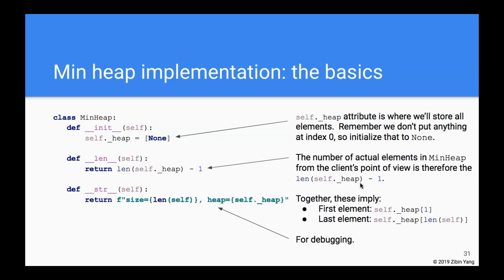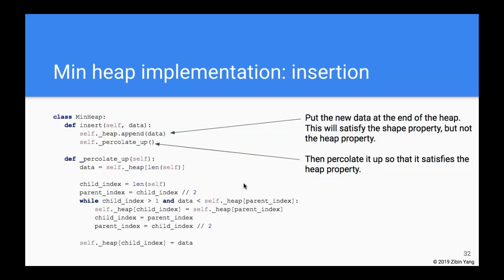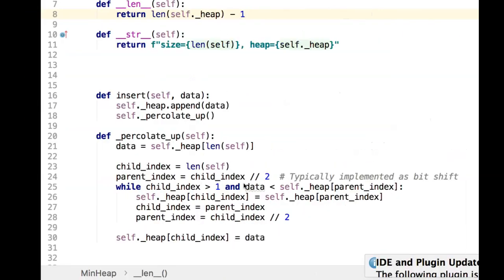That is the last element. Make sure you remember these two because that's very important as we talk about the implementation. And finally, we override the dunder string to print out both the size and what's in the array, and that's very useful for debugging. Next, let's talk about how insertion actually works.